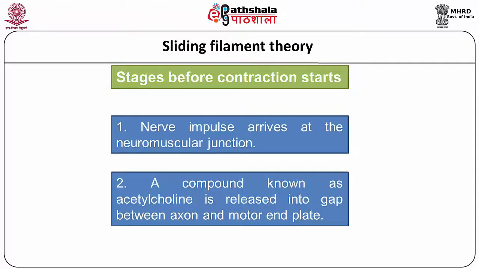However, before the contraction happens, the electrical impulse has to come to the muscle. So there are 5 stages before the contraction of muscle actually starts. In the first phase, the nerve impulse arrives at the neuromuscular junction. The moment the nerve impulse arrives, a compound known as acetylcholine is released into the gap between the axon and the motor end plate.